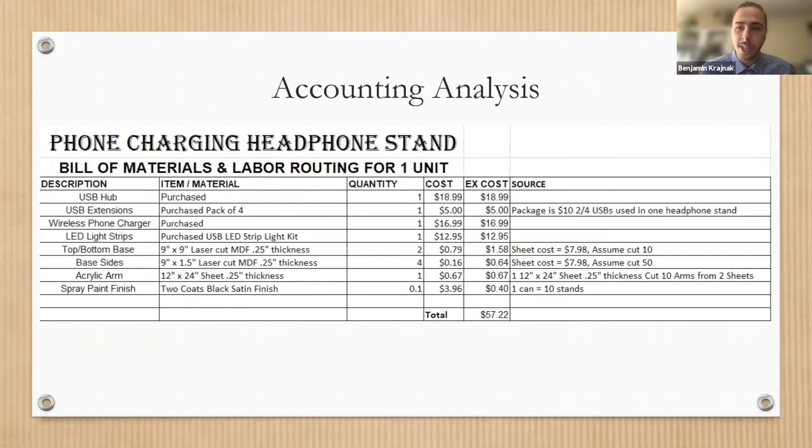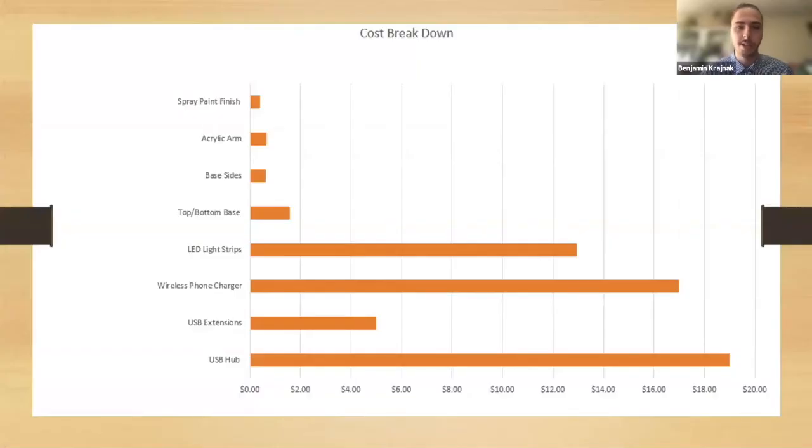As you can see, looking at the top right off of the bat, the electronic components accounted for more than 75% of the total $57.22 that each final product cost. And here's a better representation of that breakdown, just so you can really see how much items such as the USB hub and the wireless phone charger cost in comparison to things such as the acrylic arm and the base, top, and bottoms.